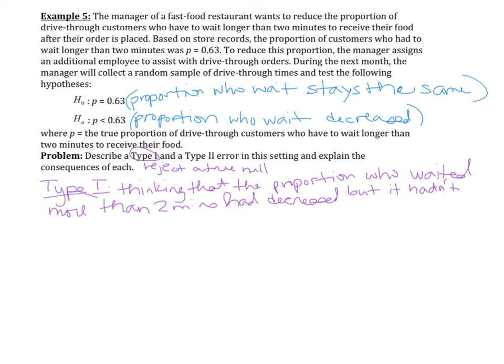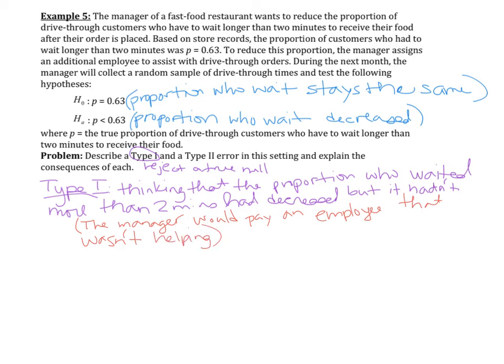And so our consequence would be the manager would keep on an employee that wasn't actually helping. You can say something along those lines. If you think of another consequence that is relevant in this situation, that's fine. But this is the basic thing that would probably happen. So that's a type 1 error.